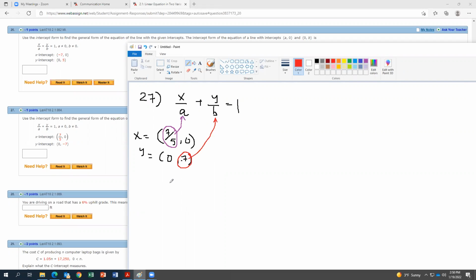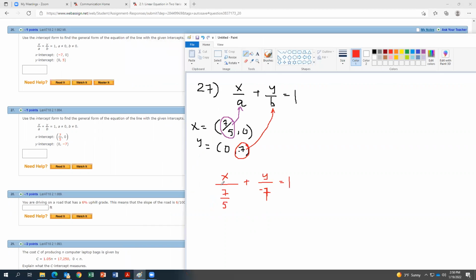So your equation will be x over 7/5 plus y over -7 equals 1. That's not your answer yet. You plug this a and b in here, and this is the equation you have.